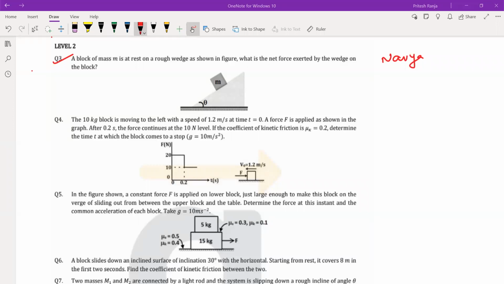Quickly, guys, whoever gets this answer, let me know. Navya, let me know what answer you get for this.